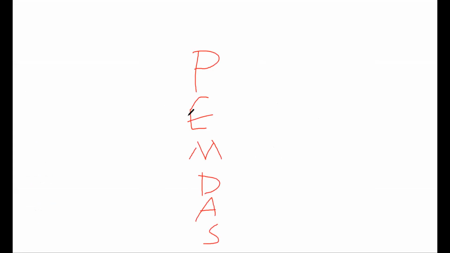PEMDAS, sometimes it's called. To remember in your head, you might remember it as, please excuse my dear Aunt Sally. That's fine if that's how you remember it. Remember, memory devices don't have to be cool, they just have to work. If it helps you, it can be as corny as you want, but if it helps you and it works. So please excuse my dear Aunt Sally.